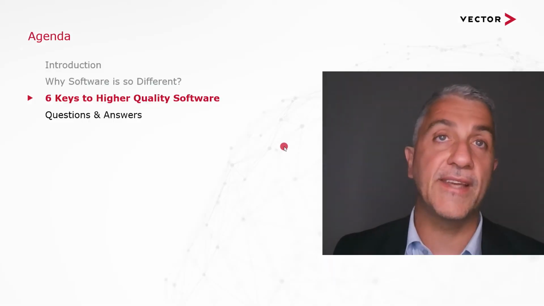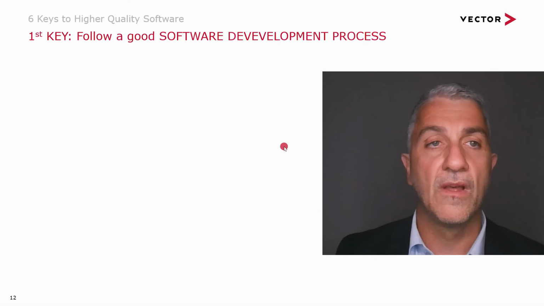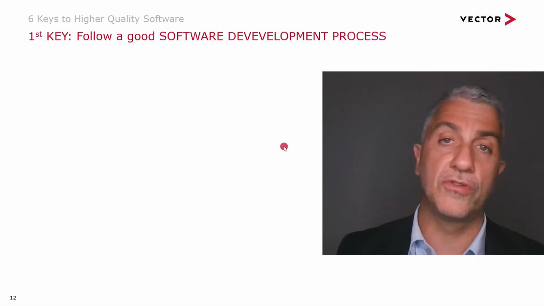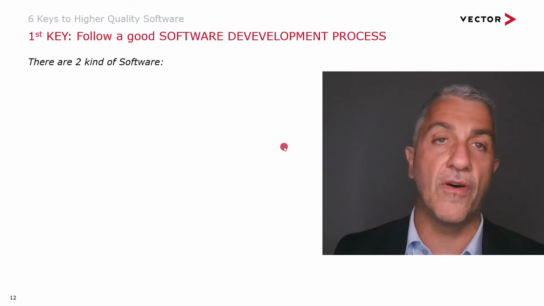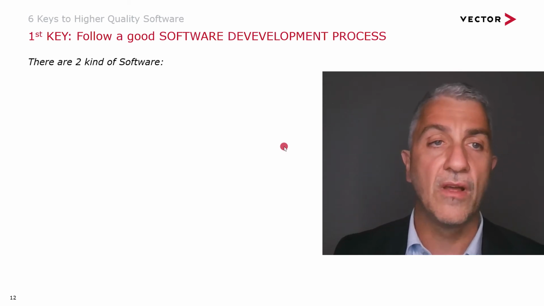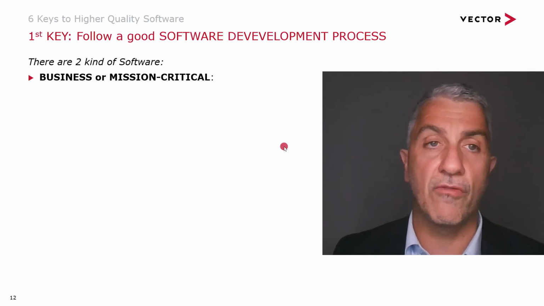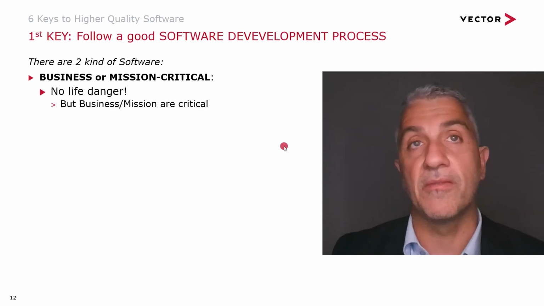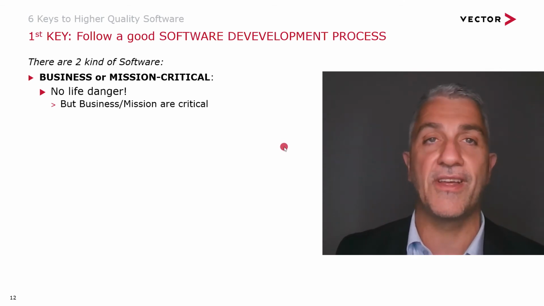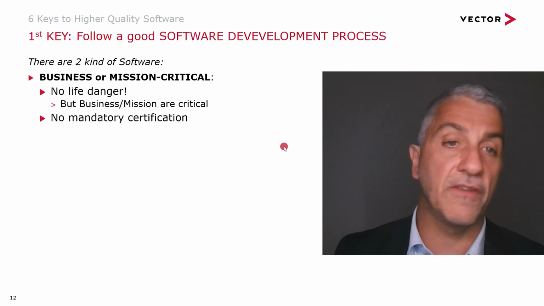What are the six keys to higher quality software? The first is to follow a good software development process. As we discussed before, there are two kinds of software. The business or mission critical, so the regular software where no life is in danger, but the business or the mission is critical. There is no mandatory certification.